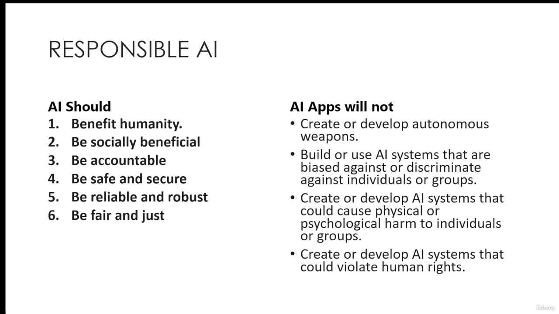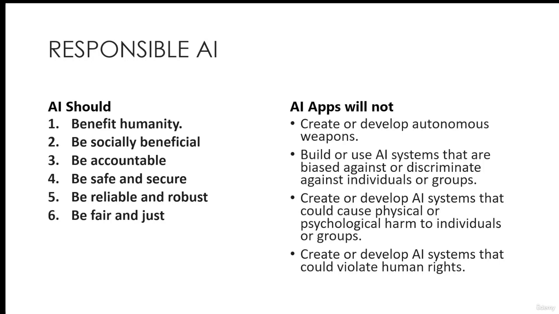So there are options which we went over. You can provide feedback so that they can enhance this model as and when new versions come up. And the next one is Google AI will not create or develop autonomous weapons that select and engage targets without human intervention.